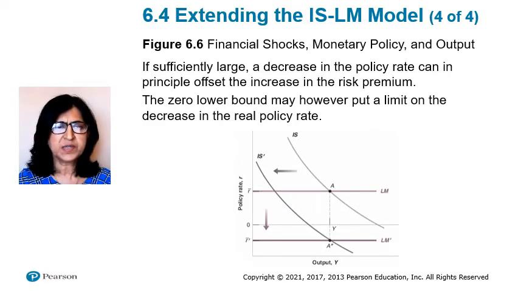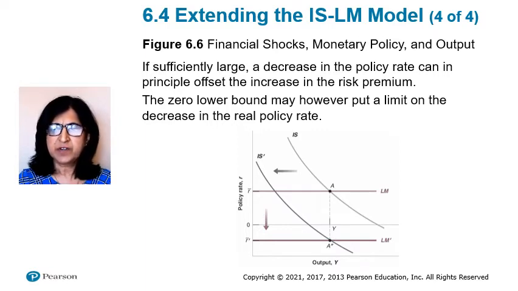Figure 6.6 shows how monetary policy can be used to counter the effects of an increase in the risk premium. Given that the cause of the low output is that the interest rate for borrowers is too high, monetary policy appears to be a better tool.